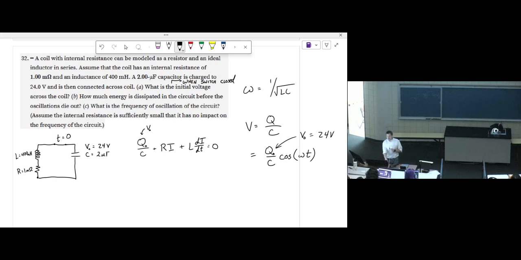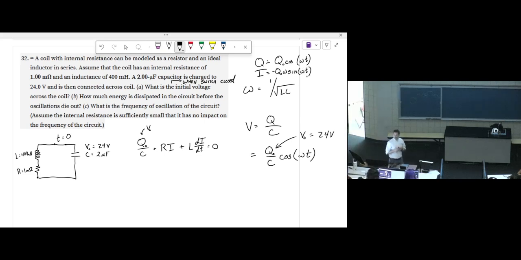It's 0, yes, because we said that Q is equal to Q naught times cosine omega t, and then that means I is equal to minus Q naught omega times sine omega t.